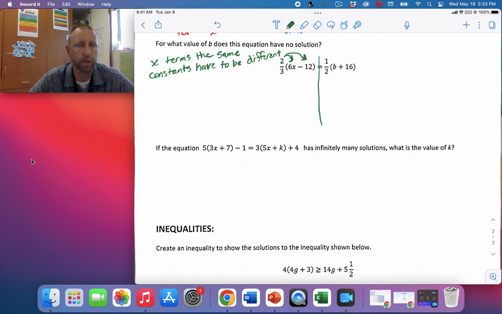They're asking me what's the value of b to make it no solution, so that it meets this criteria. On the left-hand side, that's just all stuff I know. Let's simplify it. 2/3 of 6 is 4, so we've got 4x. And then 2/3 of negative 12 is negative 8.